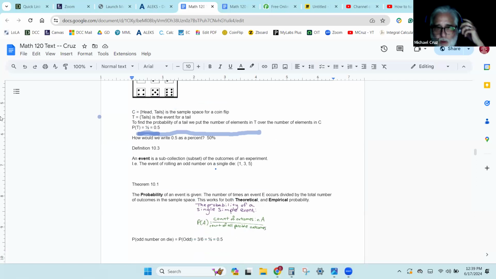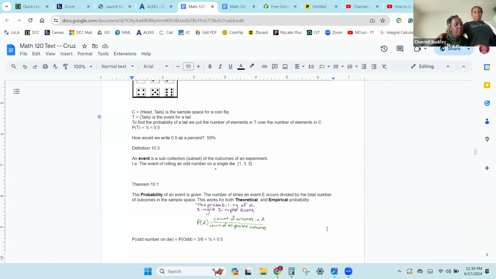Now, probability, whether it's theoretical or empirical, the same thing happens. The denominator is always all possible outcomes of the experiment. And then the numerator is the subset for which we want to calculate the probability.